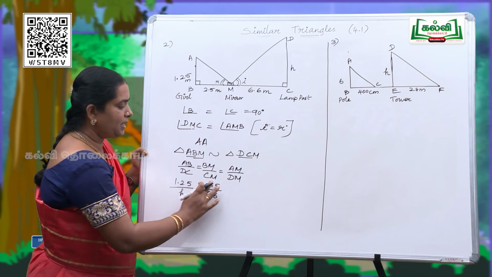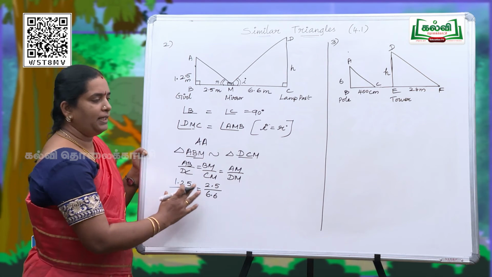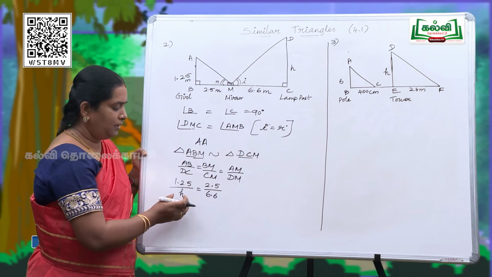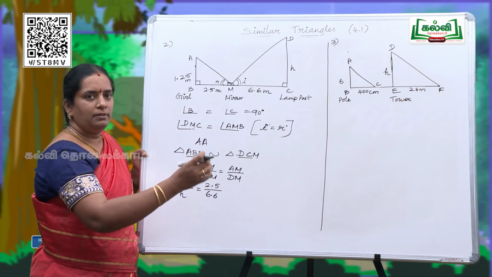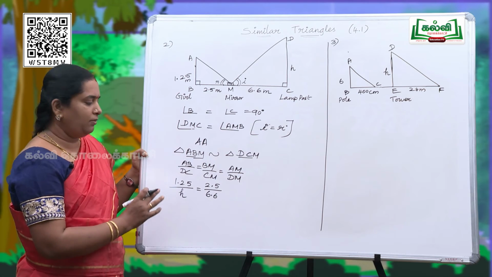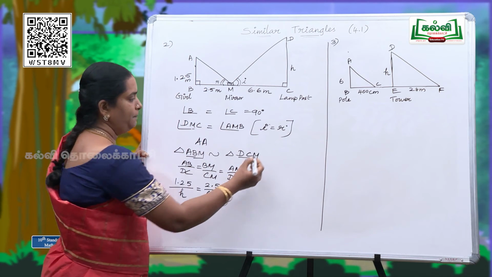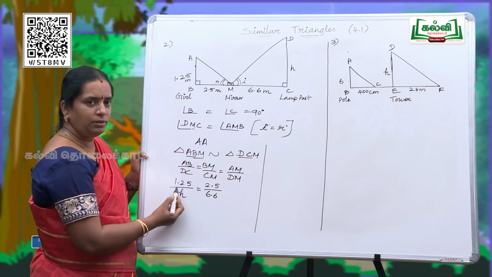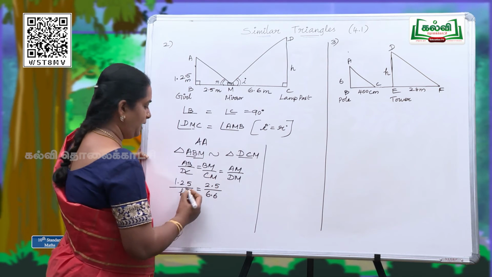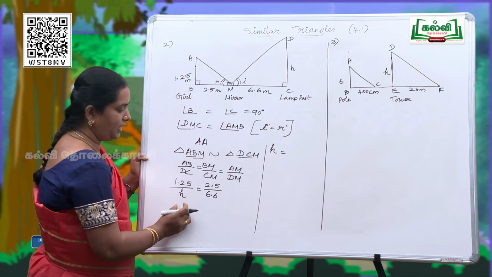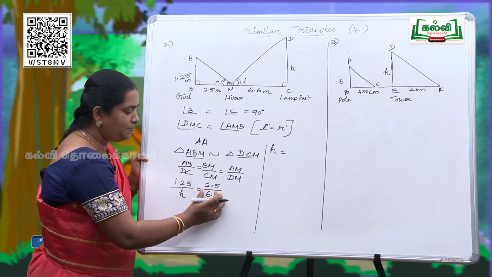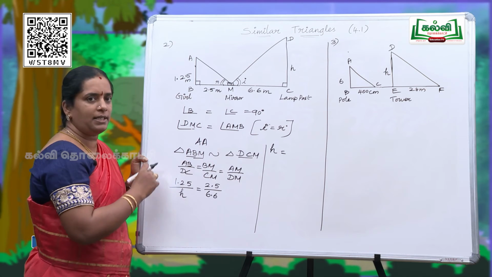Since every unit is meter, I am not writing meter. In the last step, H is equal to how many meters we are going to finish. To make it easier, H is taken to the numerator and this part will come here as a reciprocal.